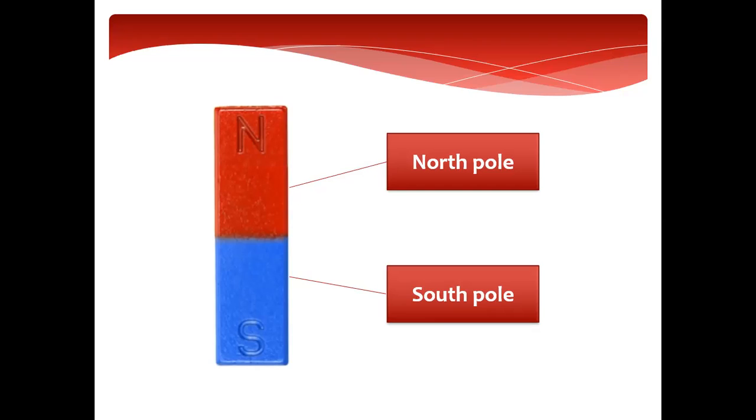The magnet is made of a north end and a south end, just as the Earth has a North Pole and a South Pole, from top to bottom. If you search on the internet, you will find many shapes of magnets: the bar shape, the U shape, and the circular shape.